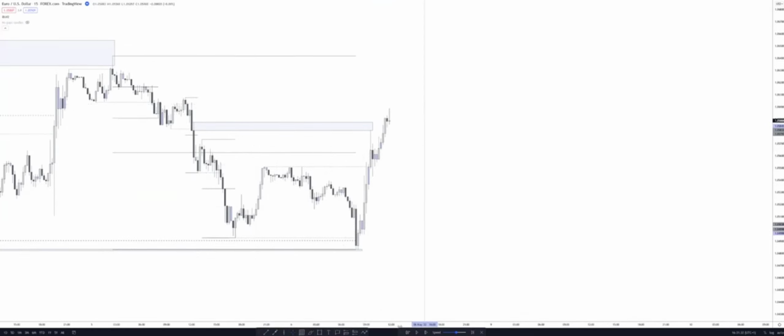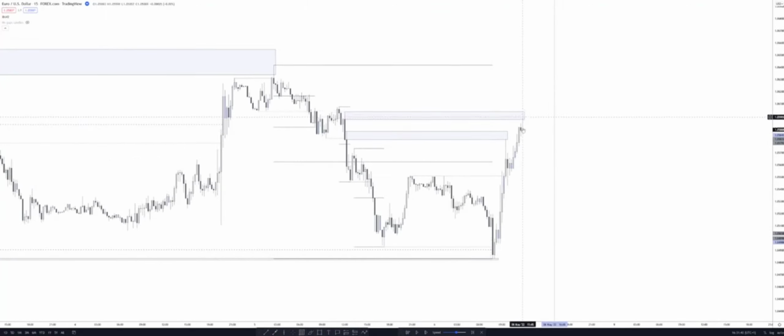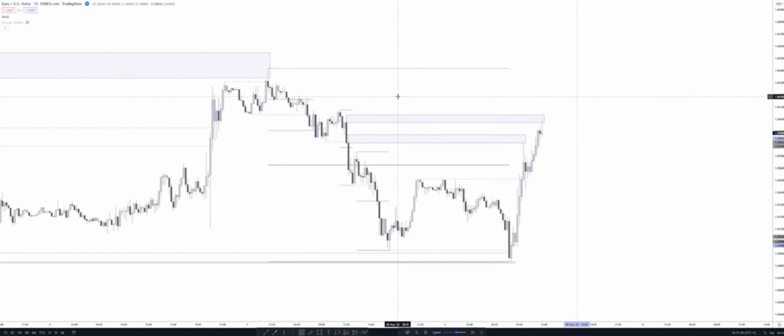And then there is another zone right here. Okay, so this is what we've currently tapped into, which is a valid zone on the 15 minutes. Now what we want to do is refine down those zones on the 1 minute.